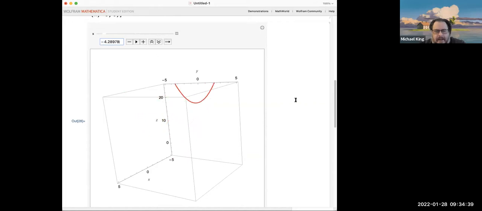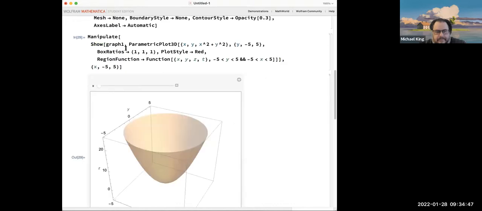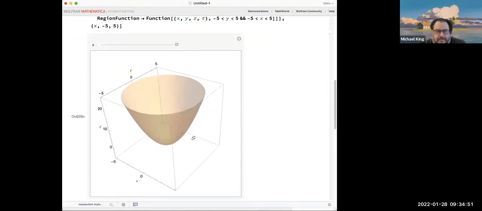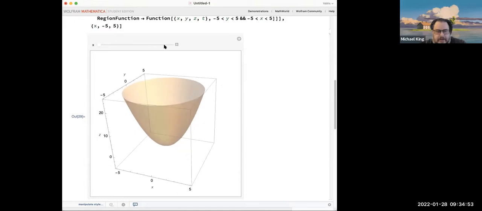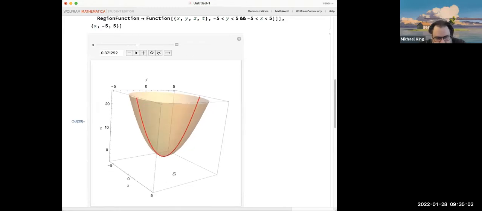And actually, I can put in the surface now. So I claim the surface, and you can sort of believe it if you play the movie of the x. This is the x equals constant cross sections. Oh, I need to turn it again so the x-axis faces the way we're used to.